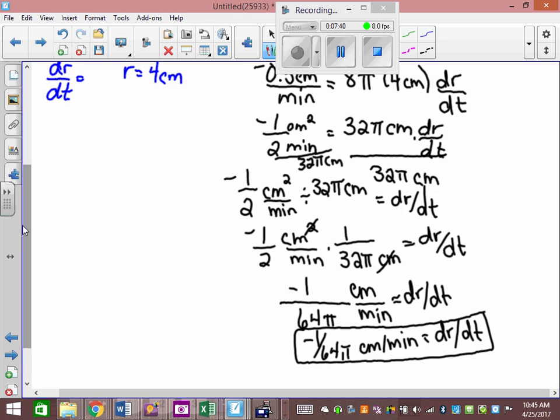Yeah, because when I canceled these off, the centimeters stayed. So it shows us that it's going down, right? And it showed us through the whole thing that it's negative, that it's decreasing. Okay? Not just, oh crap, it should be decreasing, put a negative at the very end.